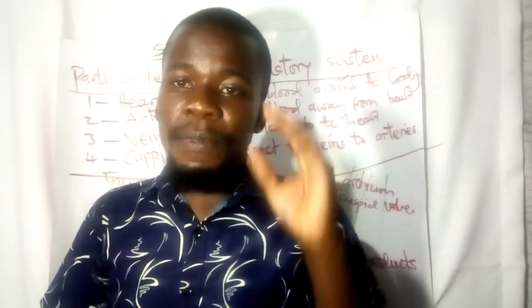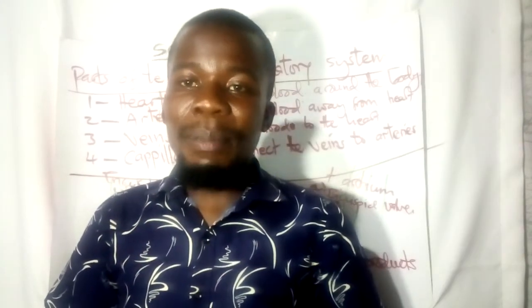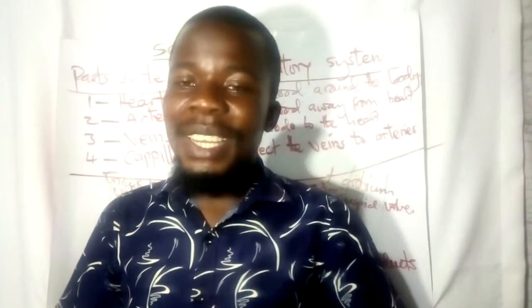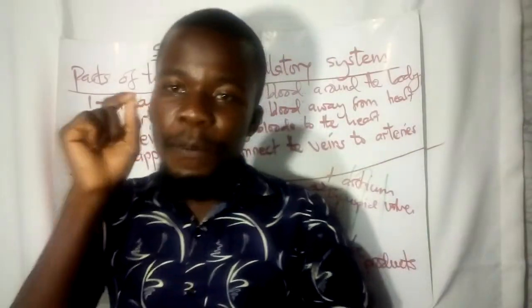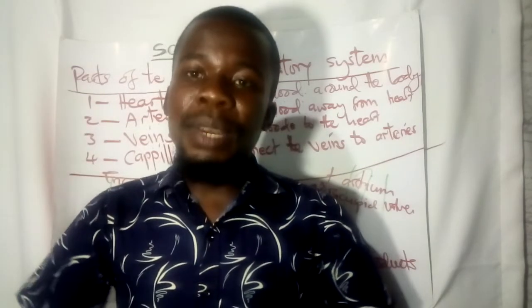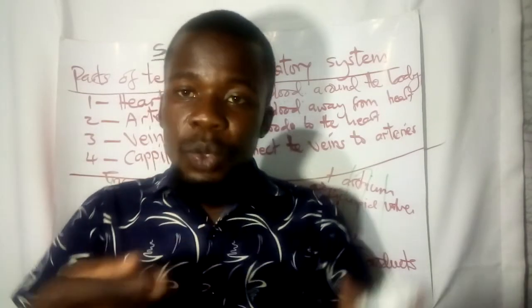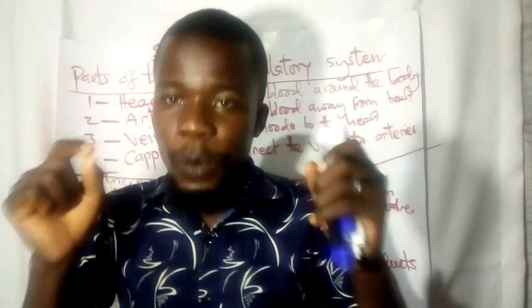And we have finished with the functions of the liver, whereby we are saying the function of the liver is to regulate or to control how much food should be transported by the blood. And number two, to store excess food.